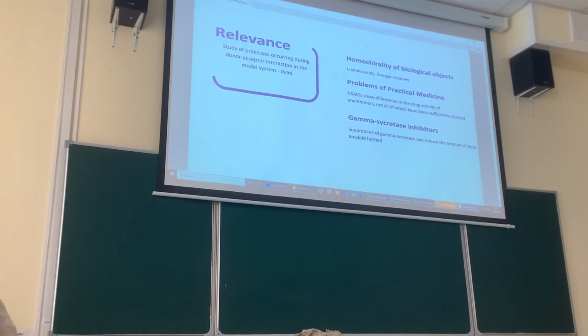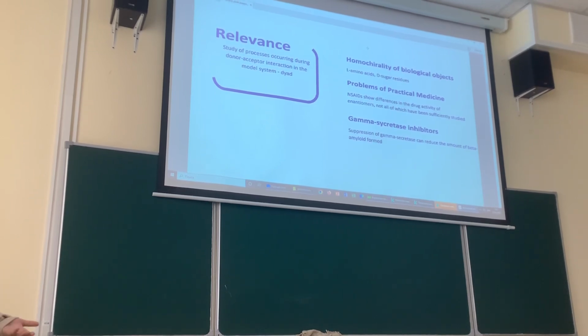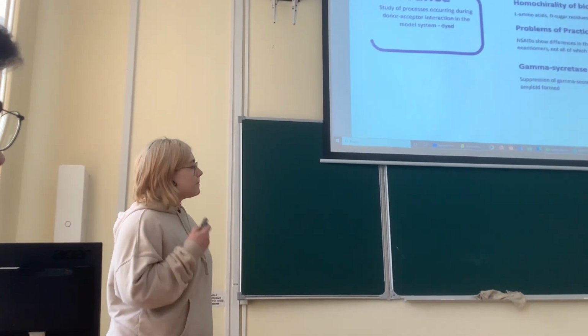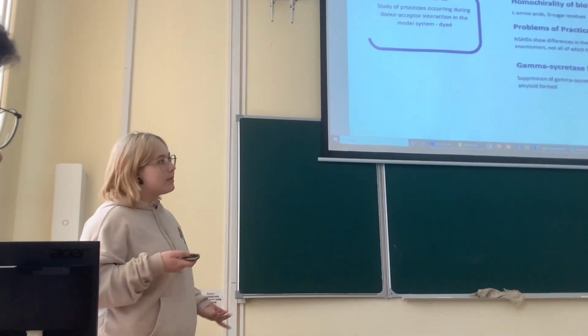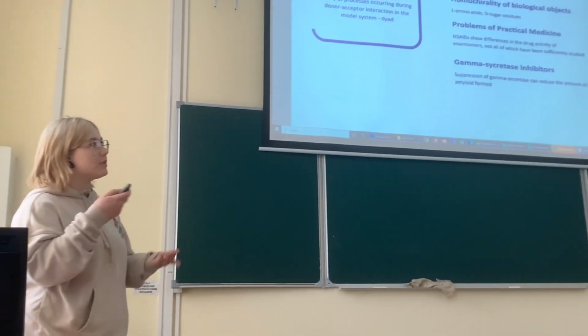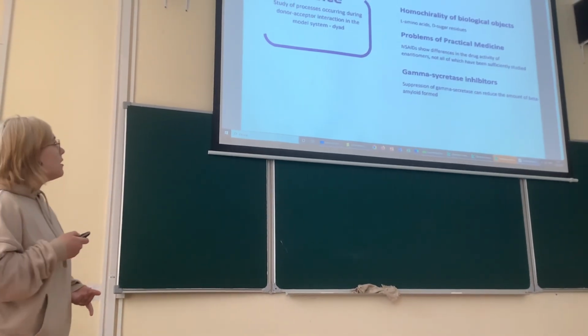Why can one of them not be used to cure but only to damage? And the last one but not least, gamma secretase in high dose NSAIDs can be tested as inhibitors.